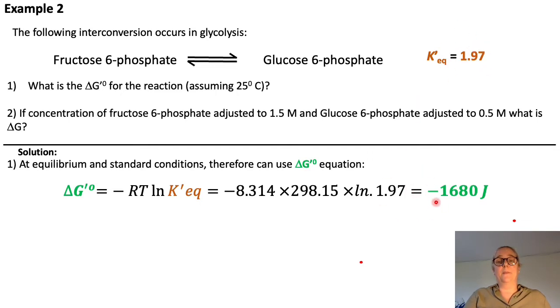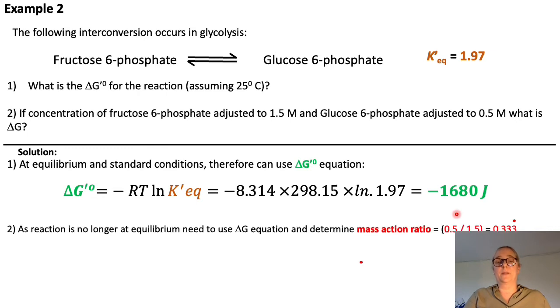That gives us minus 1,680 joules. As the reaction is no longer at equilibrium, you need to then use the free energy equation to determine the mass ratio. So the mass ratio is 0.5 divided by 1.5, which gives us 0.333.